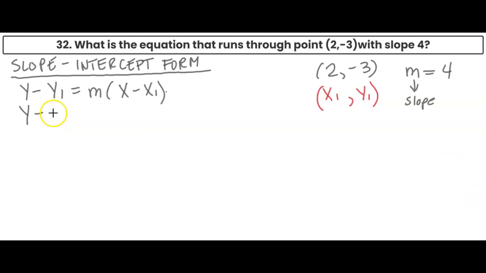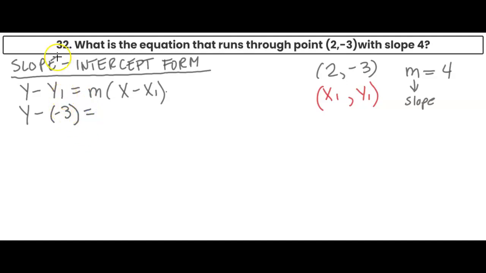Okay, now once again, it's y minus y1, and y1 is -3. Be very careful how you write this, because it's easy to write just y minus 3, which is incorrect. It's y minus -3.